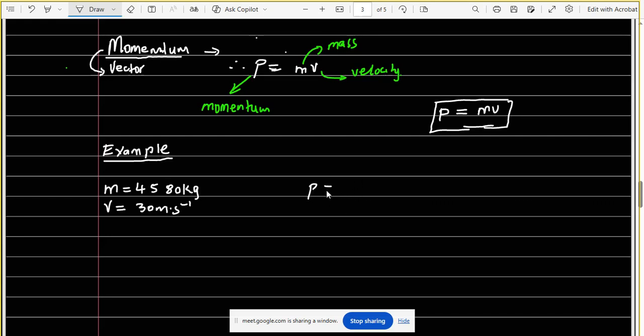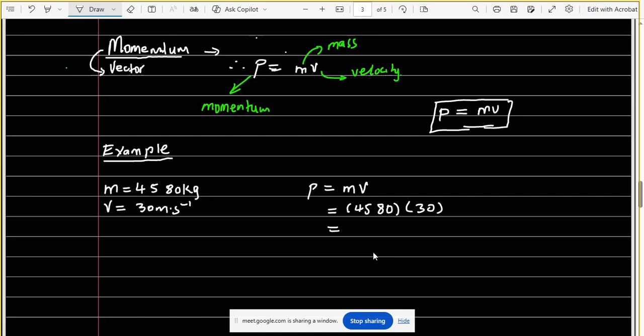Remember, momentum P is mass times velocity. So I substitute what I'm given: the mass of 4,580 multiplied by the velocity. Then you punch this on the calculator. What is your answer?